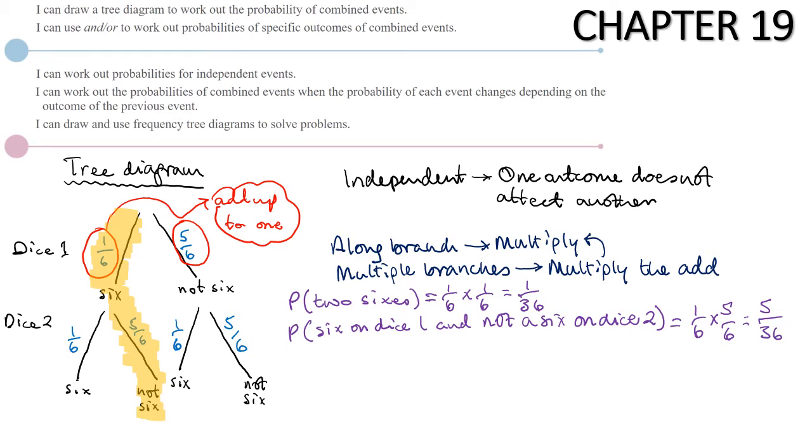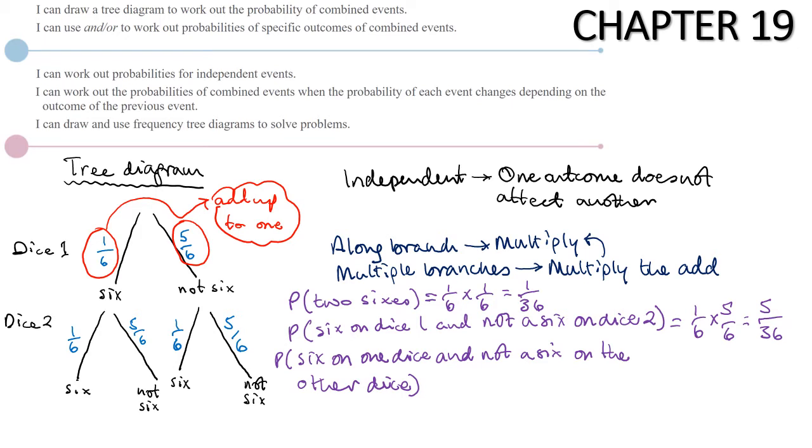Okay, let's try another one here. Let's say I wanted to work out the probability of getting a 6 on one dice, so not specifically on dice number 1, on one of the dice, and not a 6 on the other dice. Because I haven't specified dice number 1 or dice number 2, I have choices. It could be that I get a 6 on dice number 1, followed by not getting a 6 on dice number 2.